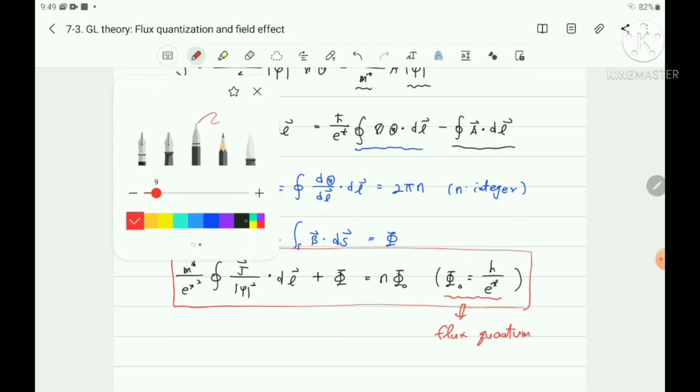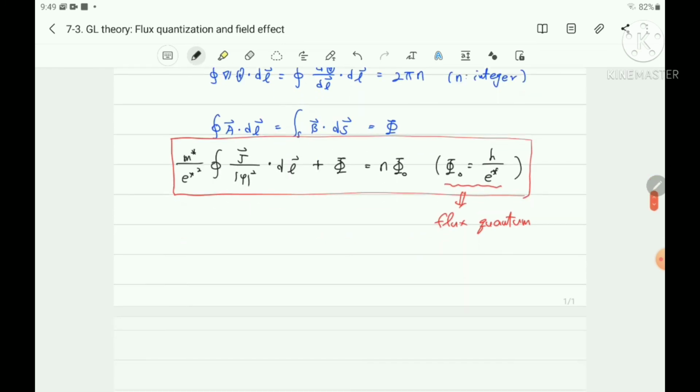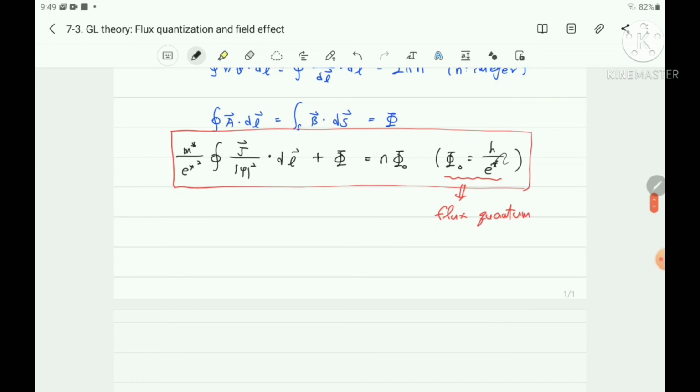In quantum mechanics, and especially in superconducting materials, superconductivity is a macroscopic quantum phenomenon. In superconductors, magnetic flux is quantized, and the lowest unit of magnetic flux is the flux quantum, about h over e*.